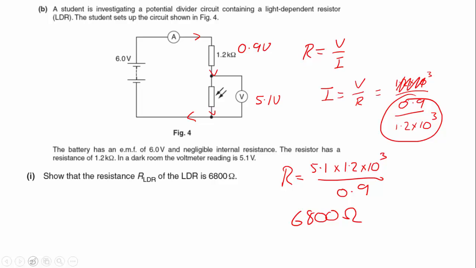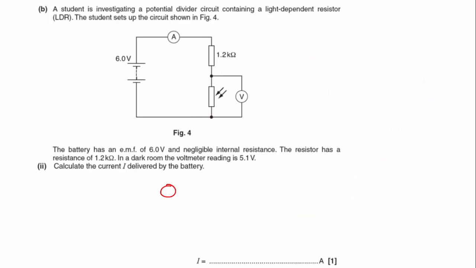Anyway, it's 0.9 over 1.2 times 10 to the 3, which is 7.5 times 10 to the minus 4 amps. Just goes to show there's more than one way to skin a cat.